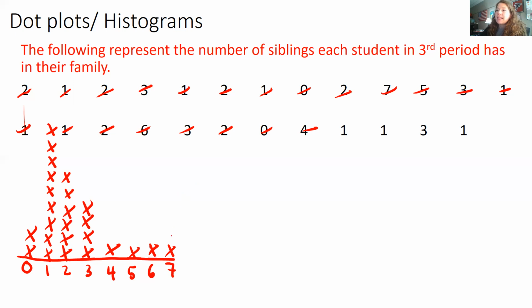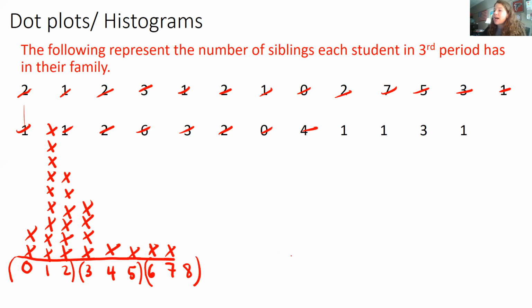Now, with a dot plot, obviously we listed out our responses individually. If we wanted to create a histogram, a histogram's frequency is always a set of intervals. So we might want to group these numbers by sets of 3. And even though there's not an 8, we want to make our intervals consistent, so we'd have 3 digits per group.